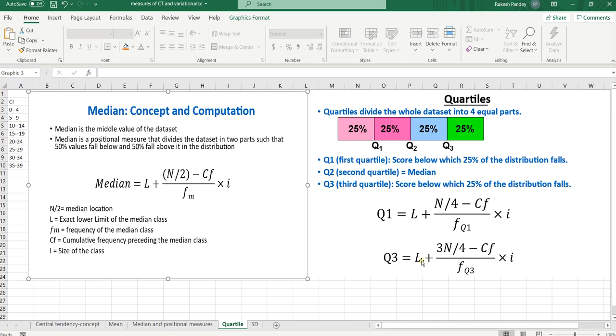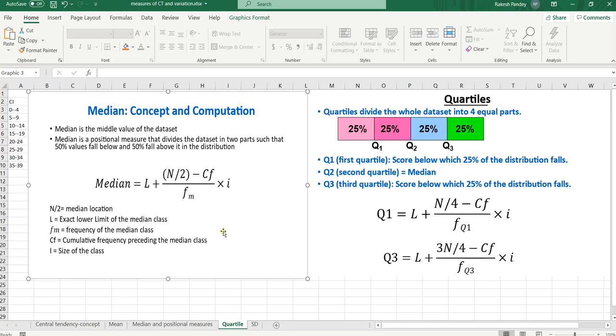L is the exact lower limit of the third quartile class. CF is the cumulative frequency preceding the third quartile class, FQ3 is the frequency of the Q3 class, and I is the size of the class.